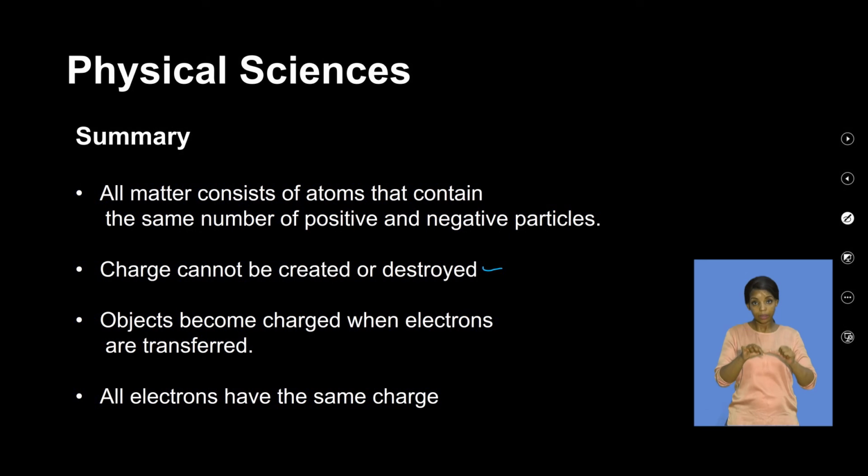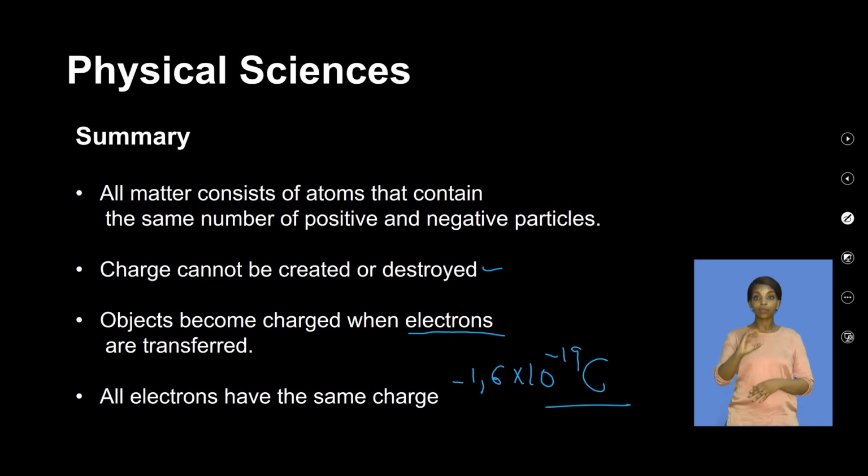It's only the electrons that are transferred when there is contact during any physical process. All electrons have the same charge, which is a constant, negative 1,6 times 10 exponent negative 19 coulombs. So this is a physical constant.